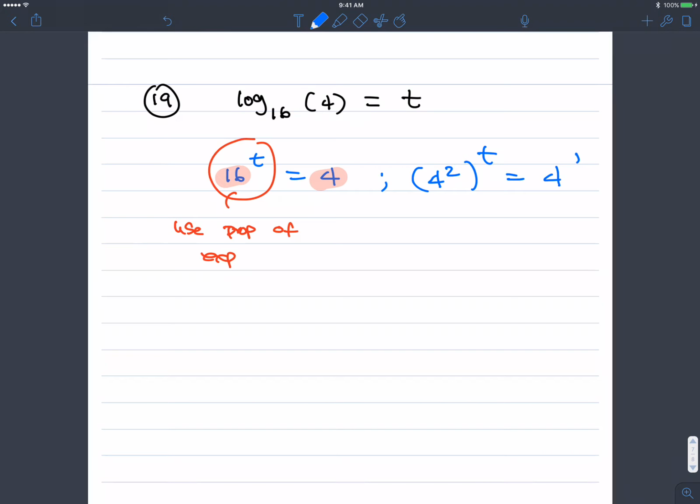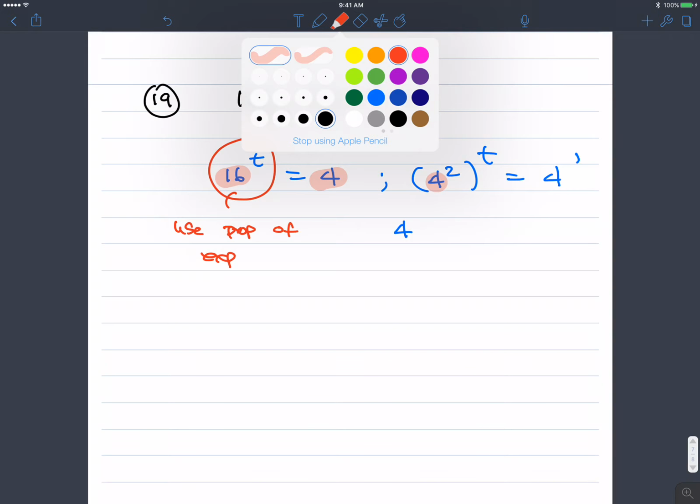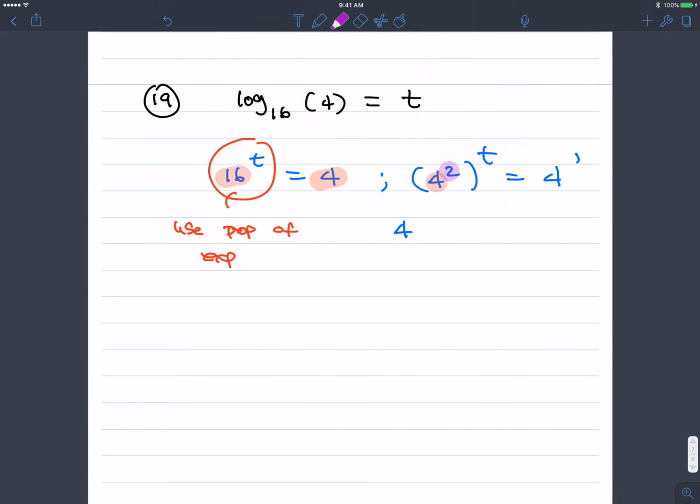Now, properties of exponentials say if I ever have a base to a power raised to another power, I keep the base and I multiply the powers. So I get 4 with a 2t power, and that equals 4 to the first power.